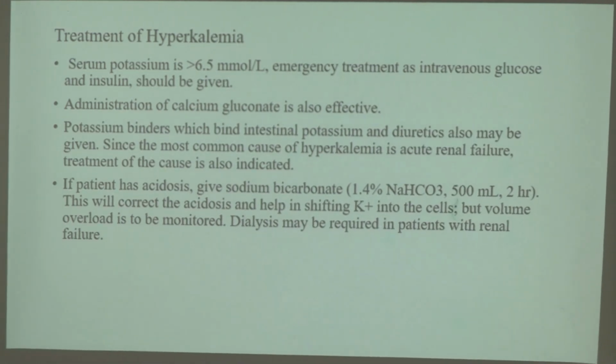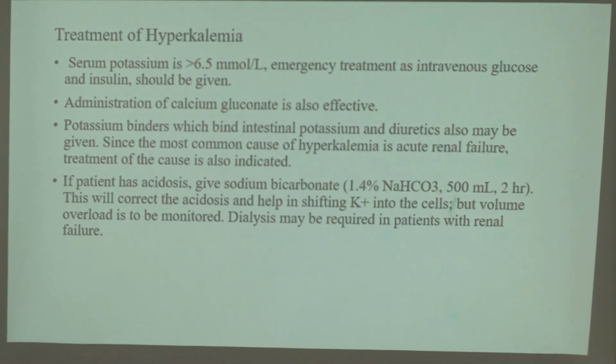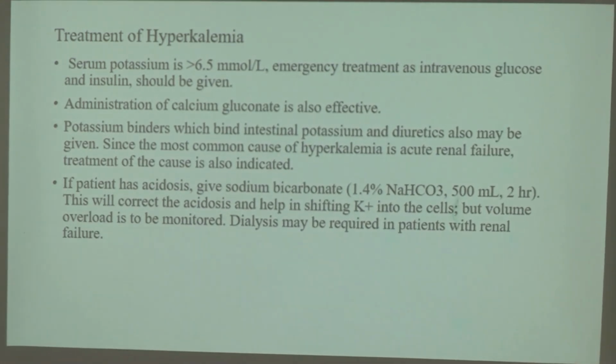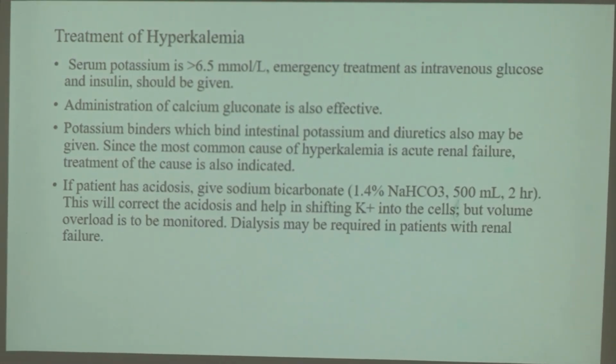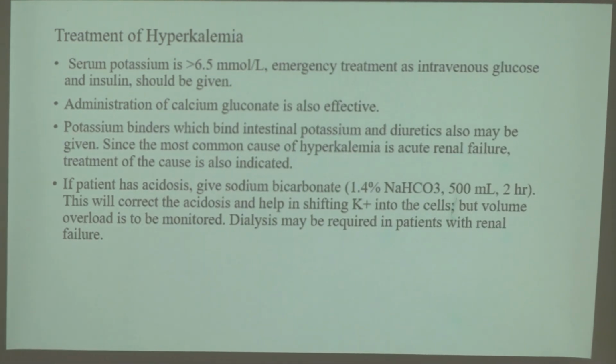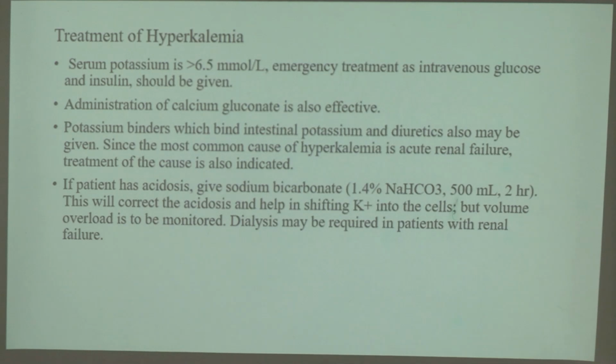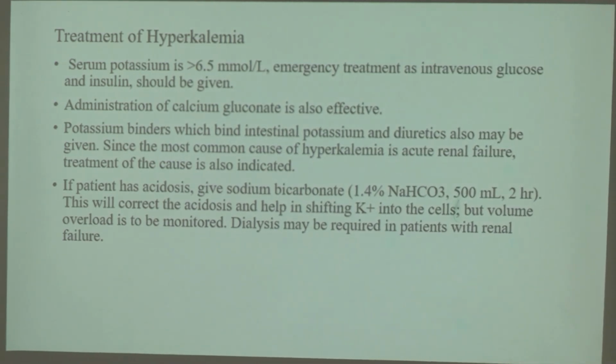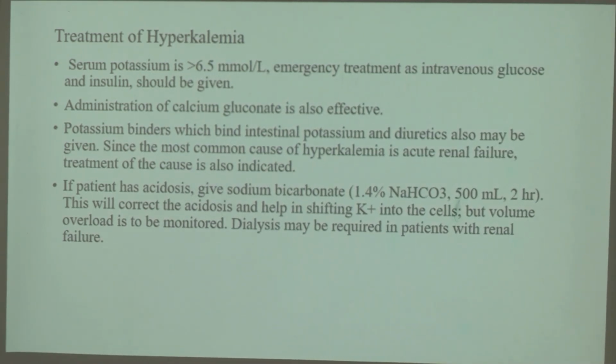As hyperkalemia may come along with metabolic acidosis, you can use sodium bicarbonate infusion to correct acidosis. Sometimes you also use inhaled salbutamol. Salbutamol pushes potassium inside the cell. Salbutamol is used for bronchial asthma treatment.